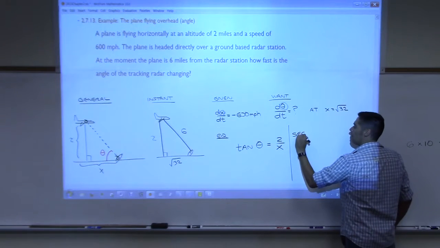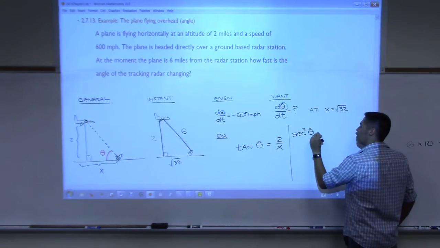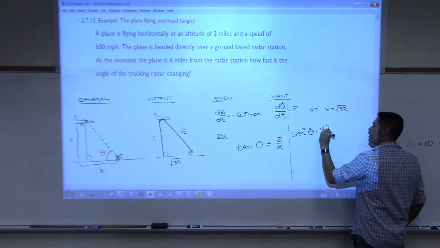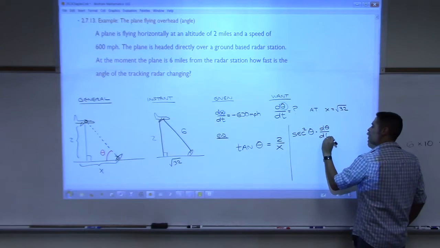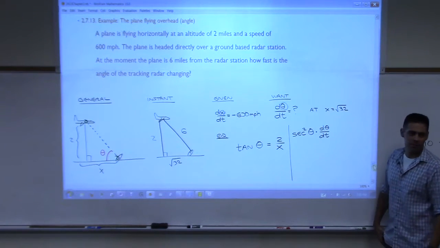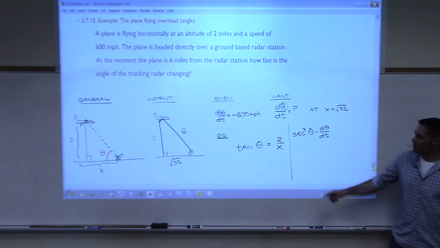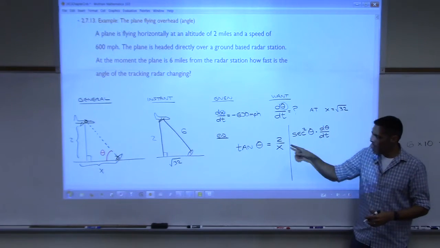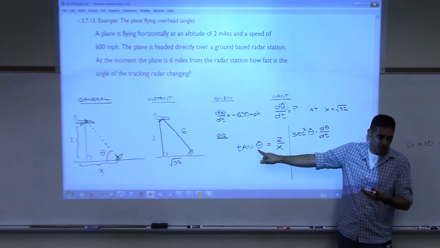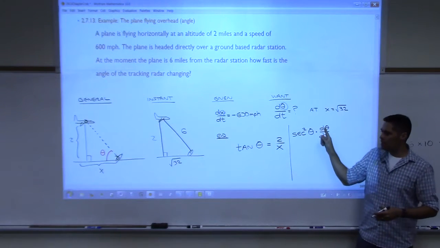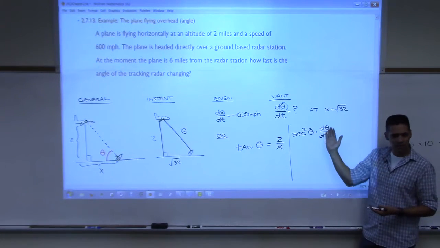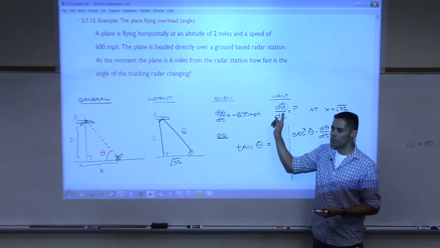Secant squared theta, drum roll, times d theta over dt. Chain rule: taking the derivative of tangent of something is secant squared of the something. Now go inside, take the derivative of that theta, the something in there, which is d theta dt. If you forget that, you're never going to have that piece you're trying to solve for.